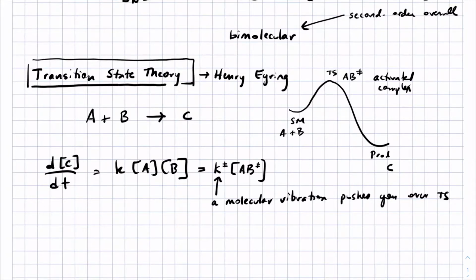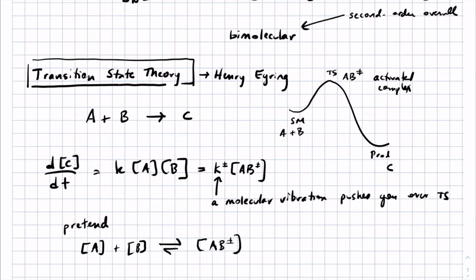All right. So with that in mind, the chief postulate of transition state theory is that you can pretend, because it's not actually true, but you can pretend that the starting materials are actually in equilibrium with the transition state. And that should give you a little bit of heartburn.